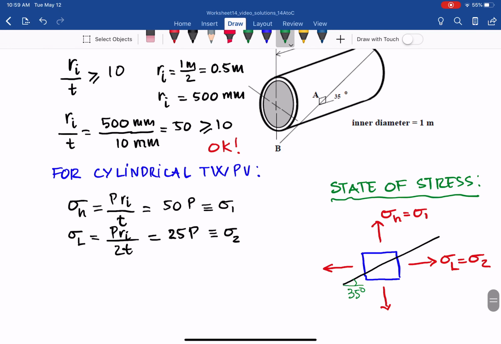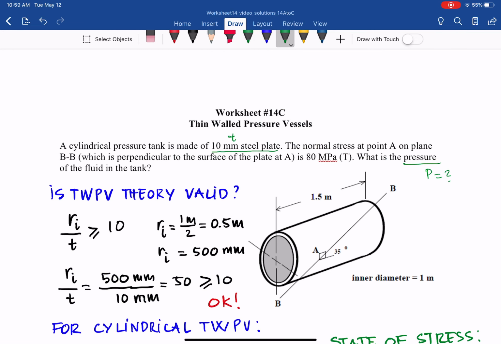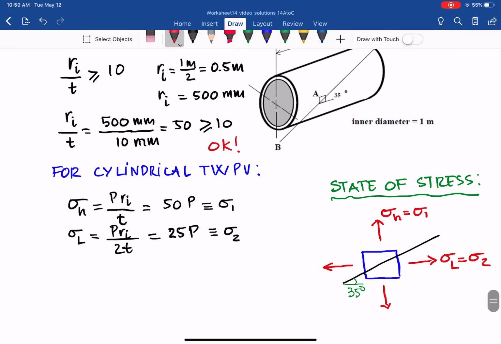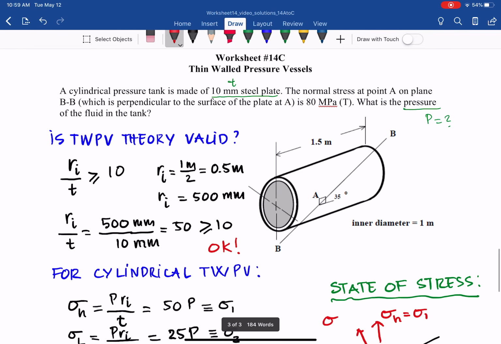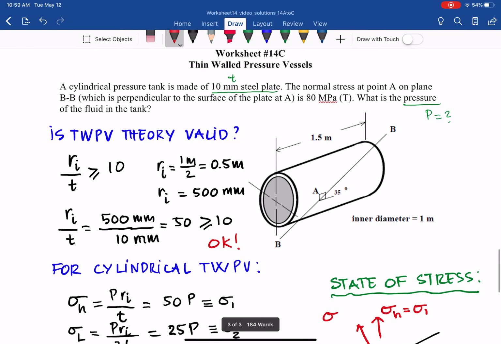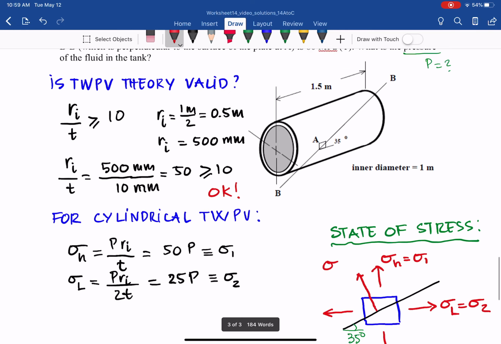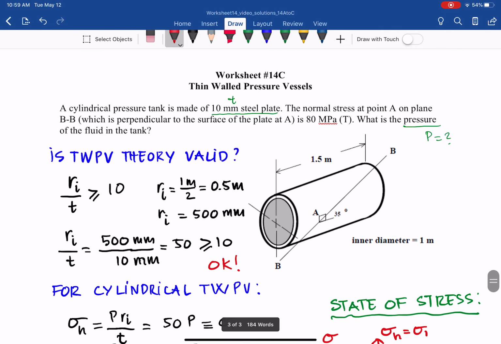So as you can see now, the sigma that is given in this case is the sigma perpendicular to that, because that is the normal stress, right? So from that surface, that is the sigma they give us. In that case, let's call that sigma on plane BB.